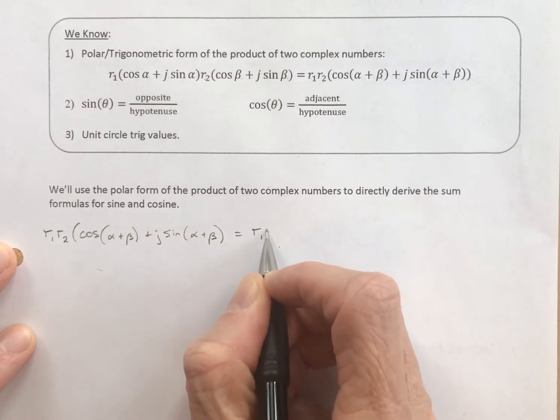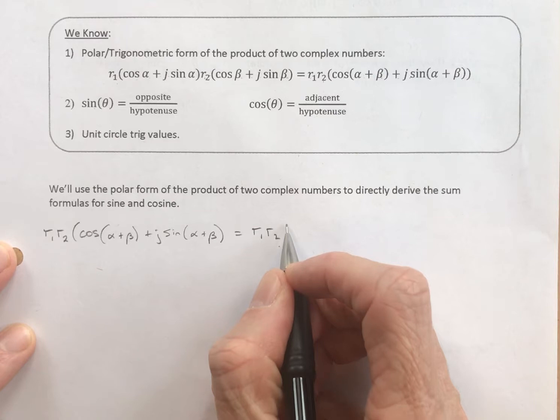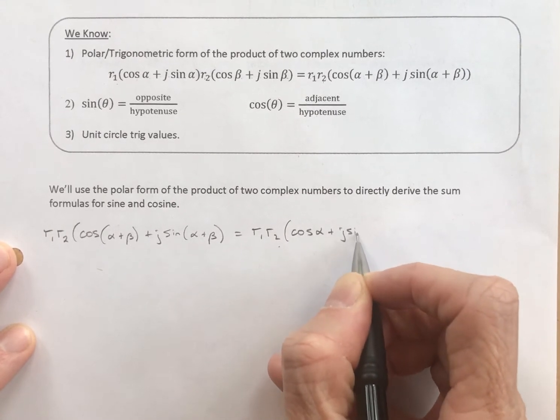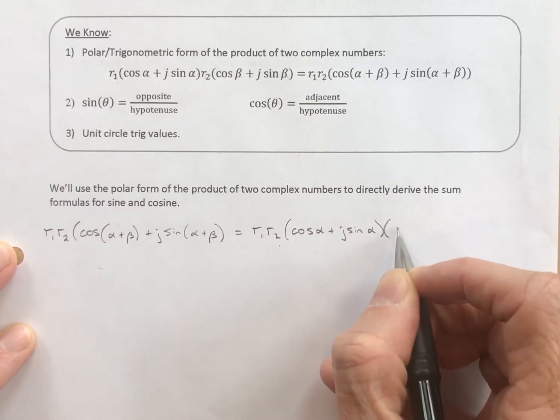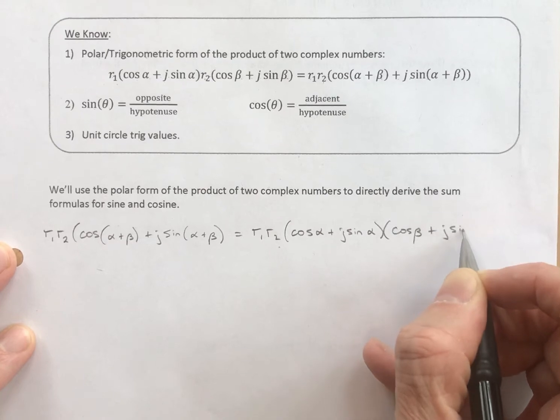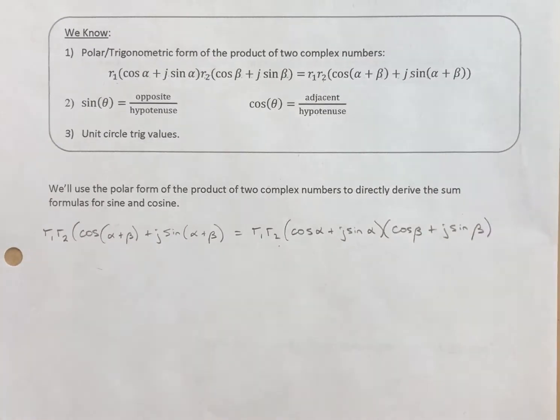So it's equal to r sub 1 times r sub 2 times the cosine of alpha plus j sine of alpha times the cosine of beta plus j times the sine of beta.